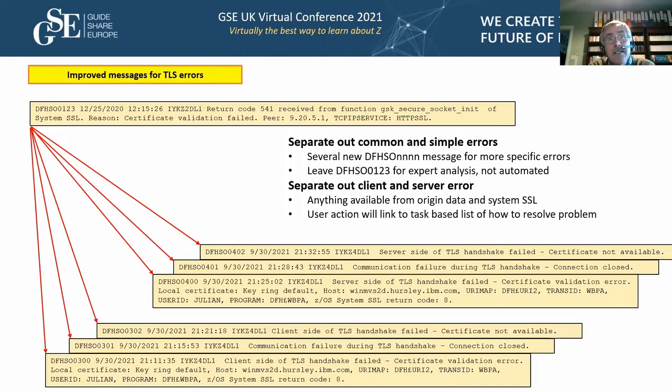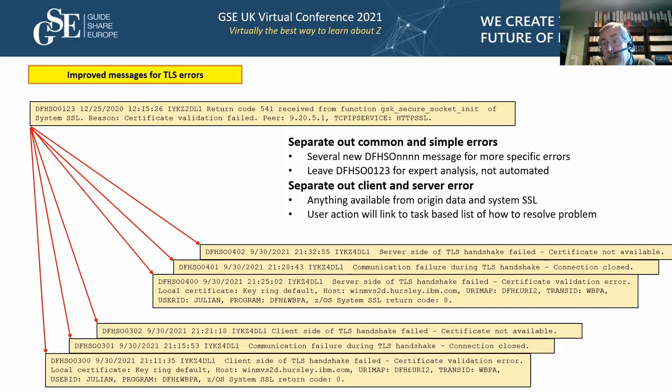And this contained information about the return code that we got from System SSL and a few other bits and pieces of the function that we were using. But it's not exactly something that is consumable for newer system programmers to understand what needs to be changed. The information's all there, but it's not really easily consumable.